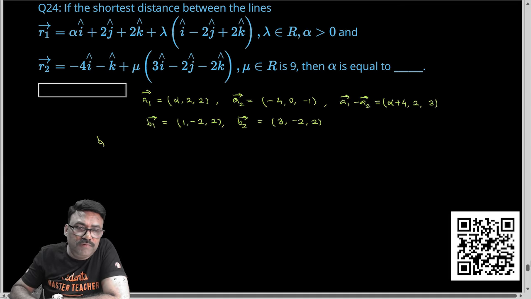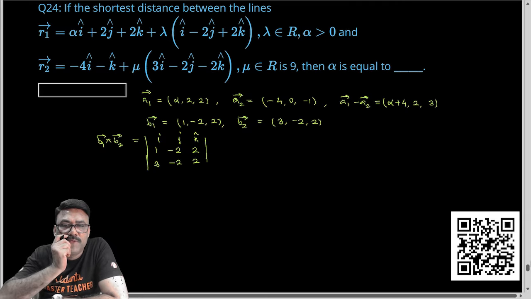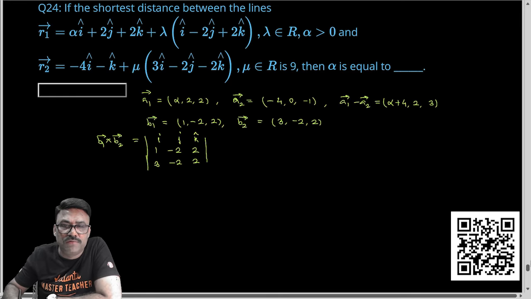Now if you check B1 cross B2, then i, j, k, 1 minus 2 2, 3 minus 2 minus 2. B1 is 1 minus 2 2 and B2 is 3 minus 2 minus 2 actually.